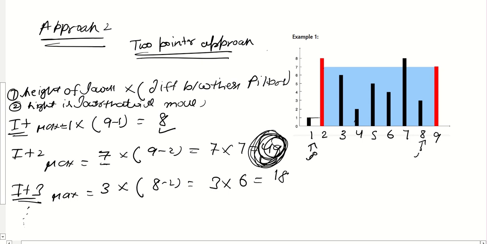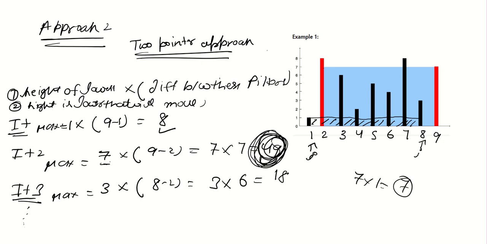The amount of water that you can store will reside within these, and if you calculate this, that will be 7 into 1, which is 7, less than 8. So we are just omitting the extra checks that we don't need to do, because we already know that the water will obviously be less.